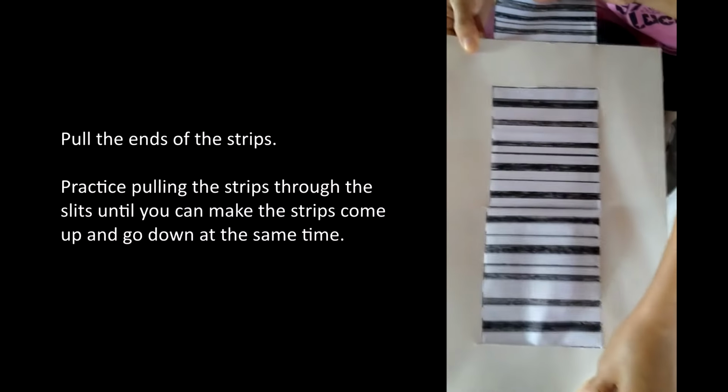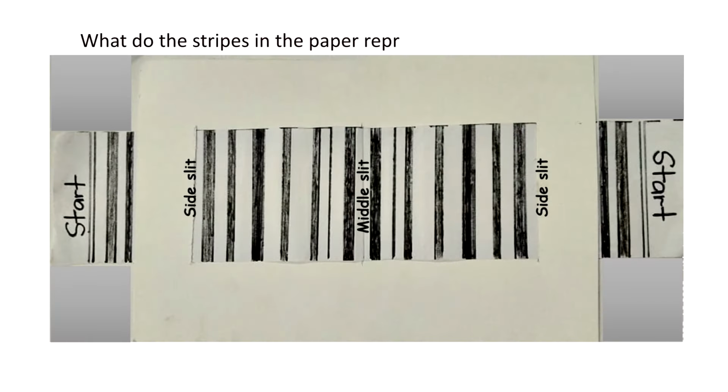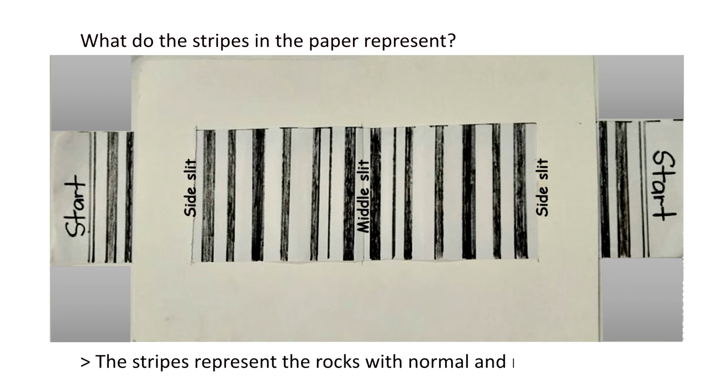Now let's answer the guide questions in the activity. What do the stripes in the paper represent? The stripes represent the rocks with normal and reverse polarities.